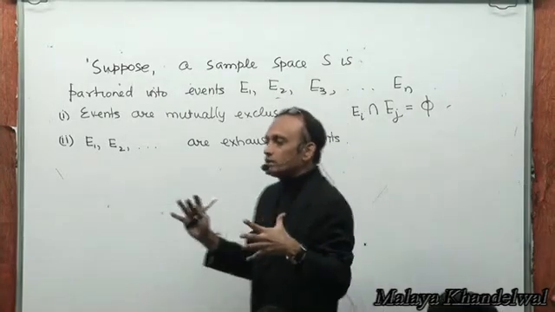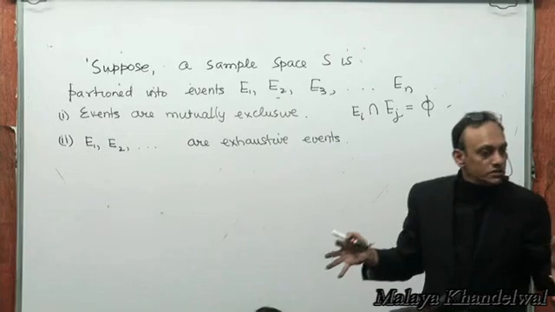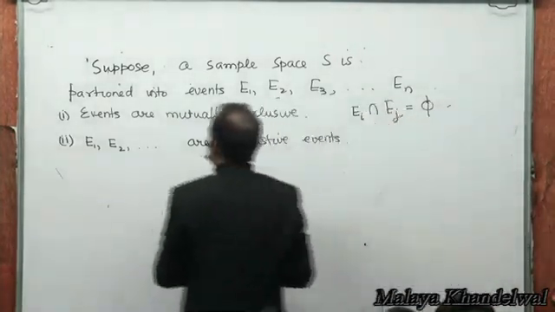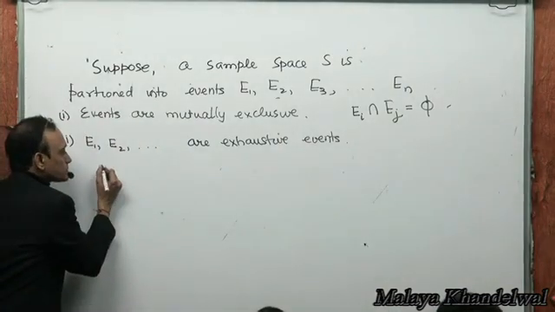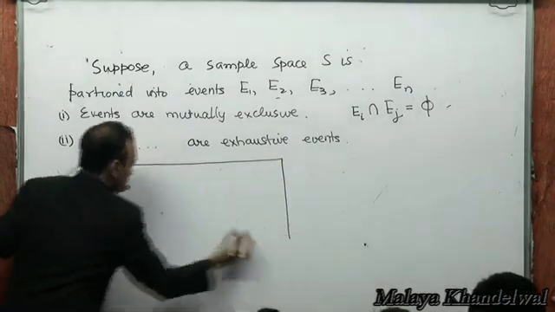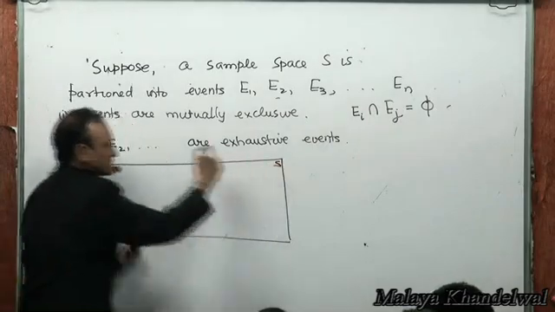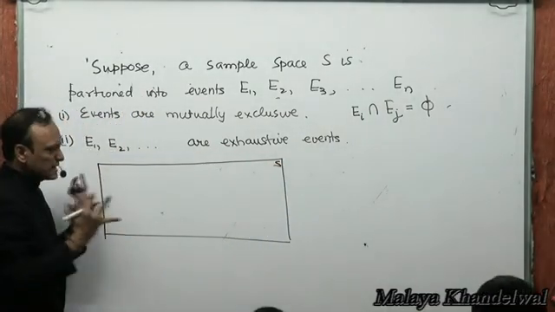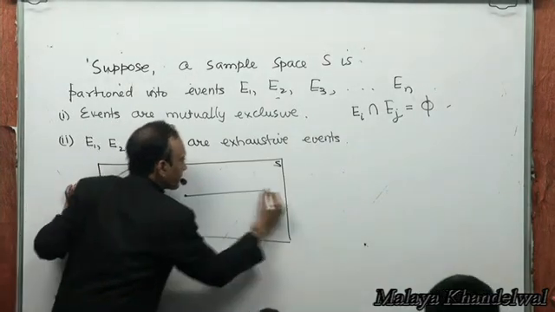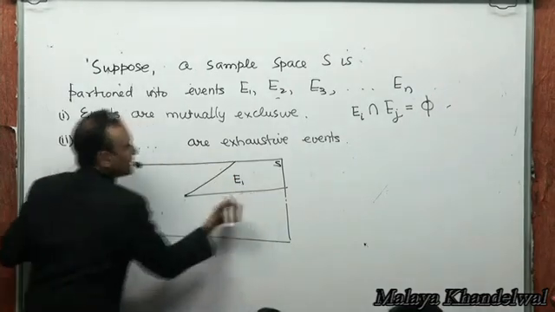So geometrically, if I have to represent these two facts in Venn notation: this entire thing is my sample space S. Let me draw lines.